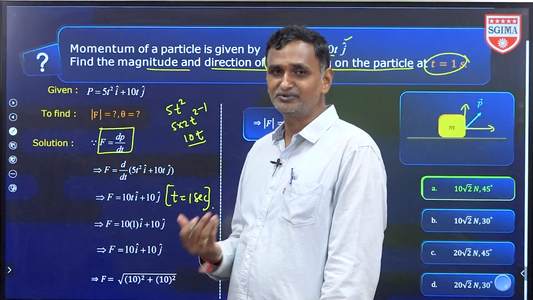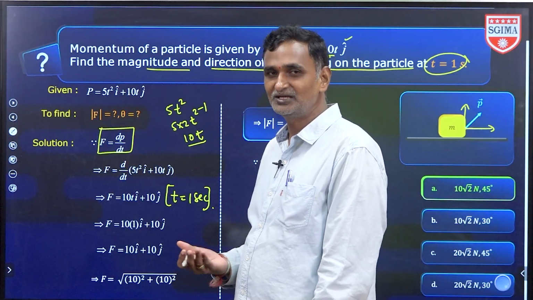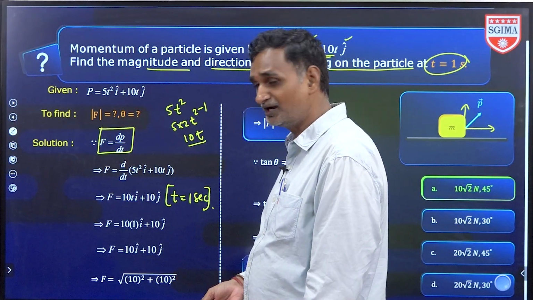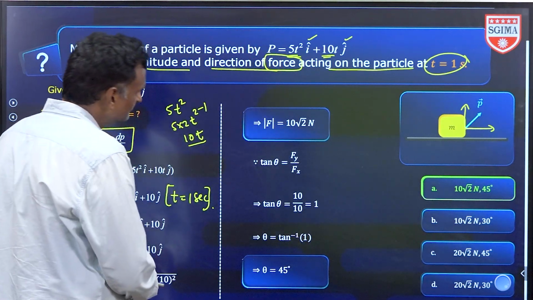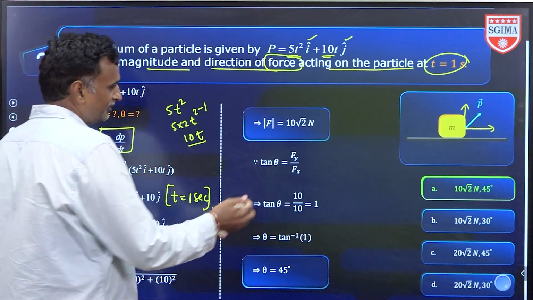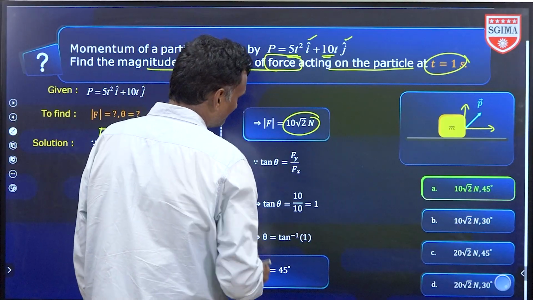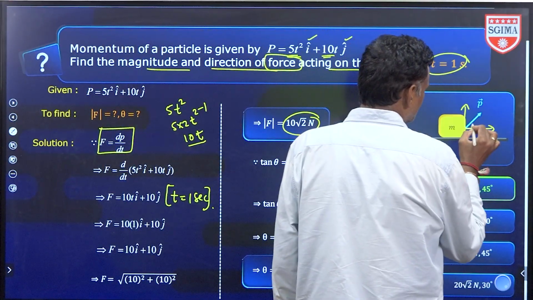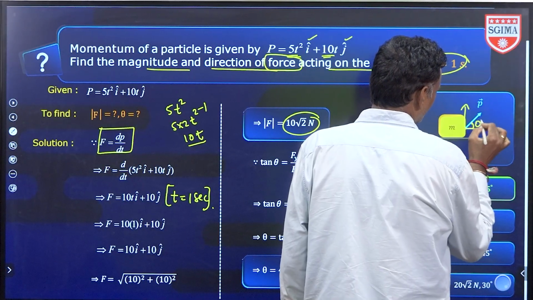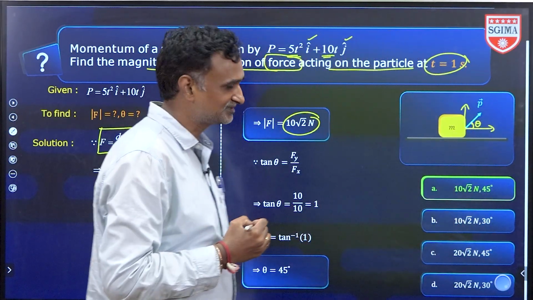Then its magnitude will be the square root of (at) whole square plus (bt square) whole square. Now here the magnitude we get is 10 root 2. Okay? On simplifying, tan theta equals, suppose here the angle theta is made with the x axis.